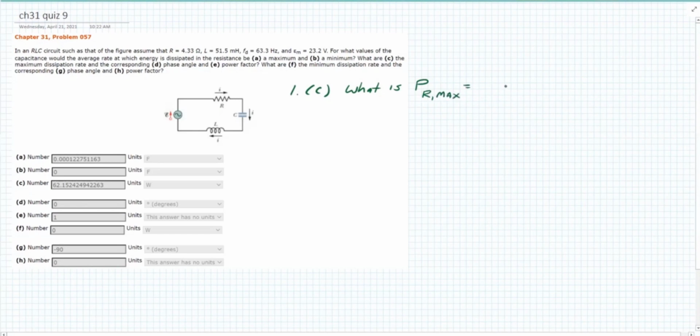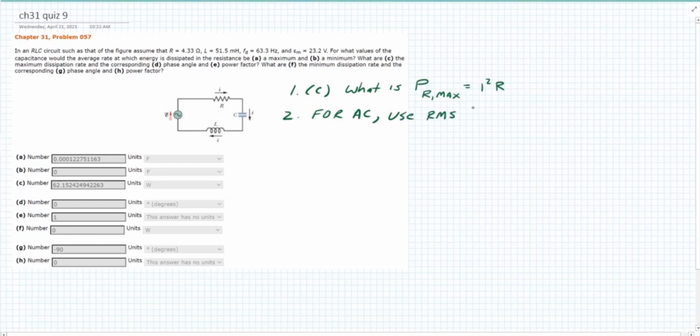And we said, well, that equals I squared R. Power is I squared R. But now we're saying, what is the maximum dissipation rate? Now we're actually going to have to use the RMS. So number 2, for AC, alternating current, use RMS, root mean squared.